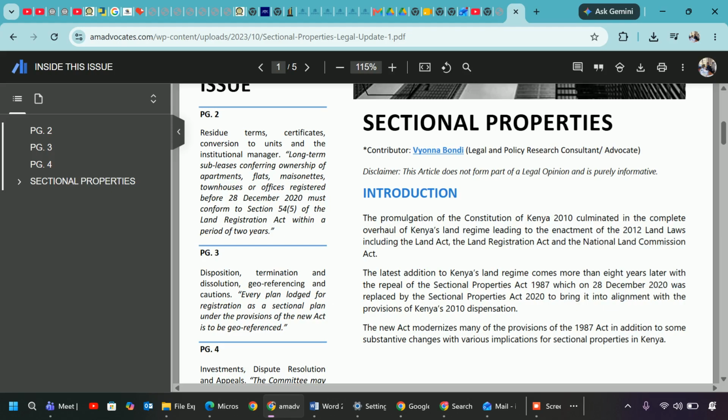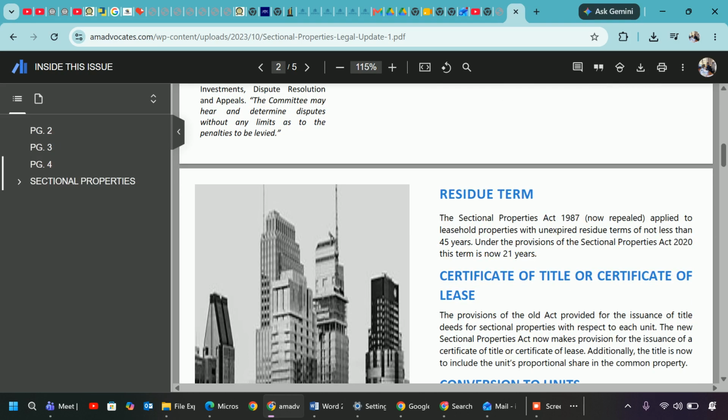The latest addition to Kenya's land regime comes more than 8 years later with the repeal of the Sectional Properties Act of 1987, which on 28th December 2020 was replaced by the Sectional Properties Act of 2020 to bring it into alignment with the provisions of Kenya's 2010 dispensation.